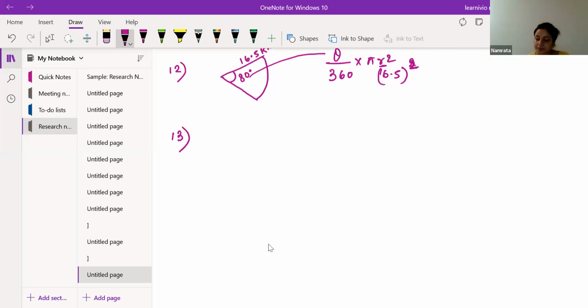Number 13 says, a round table cover has 6 equal designs as shown. So let me draw the figure. This is the figure given here. It has 6 equal designs: 1, 2, 3, 4, 5, and 6.